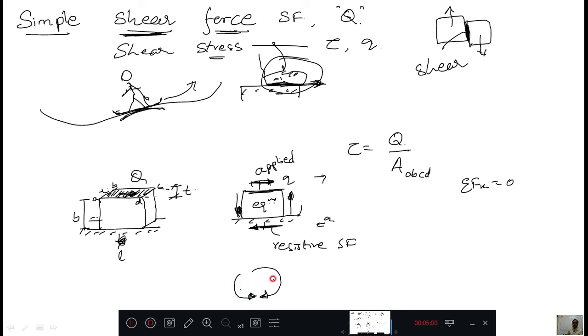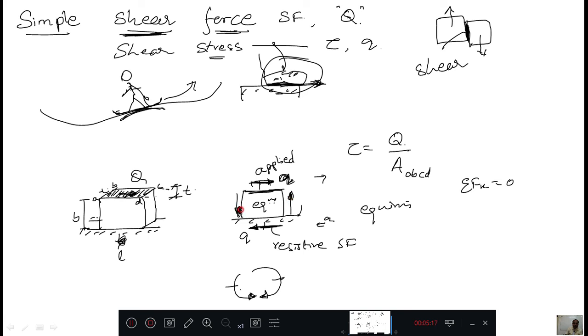All four forces together keep the body in equilibrium.